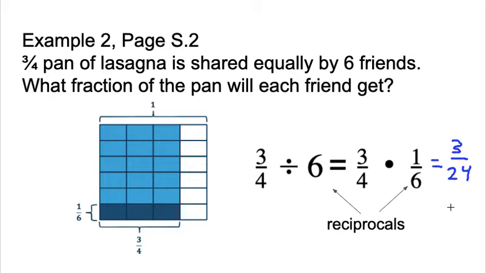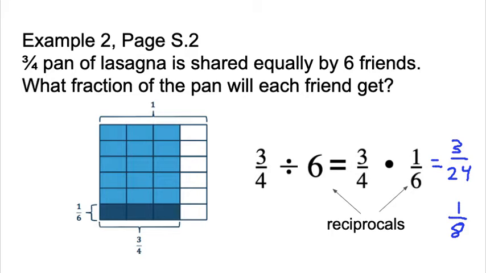We want to simplify it down, so 3 goes into 24 8 times, and we end up with 1/8. So they each have 1/8 of lasagna.